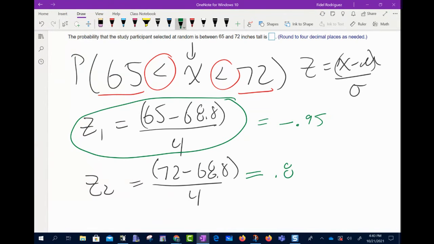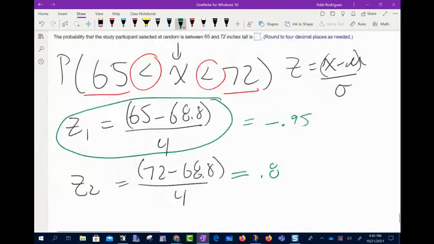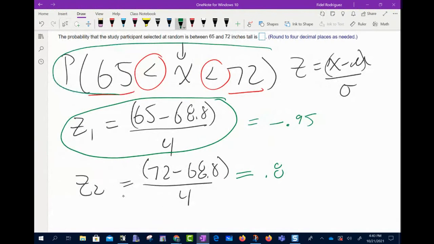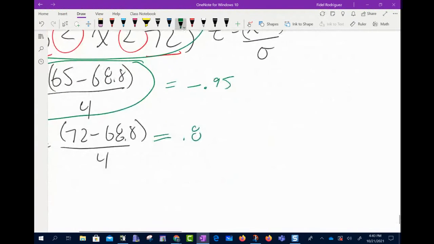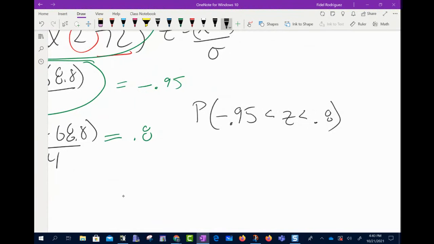Okay. So y'all, just like we did before, instead of writing it like this, we're going to write it using z values, right? So we're going to say, what's the probability that z is between negative 0.95 and a positive 0.8, right? So I ought to say, look, what would my picture look like?